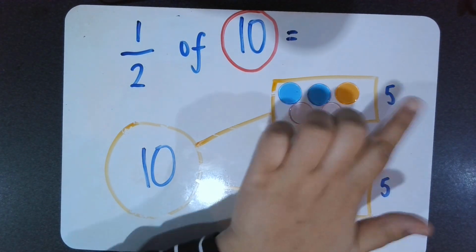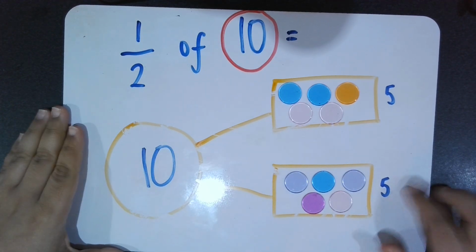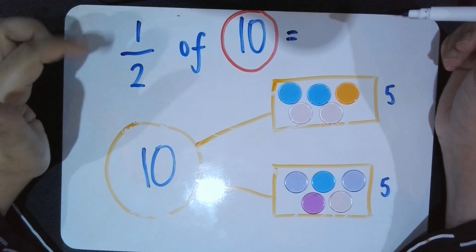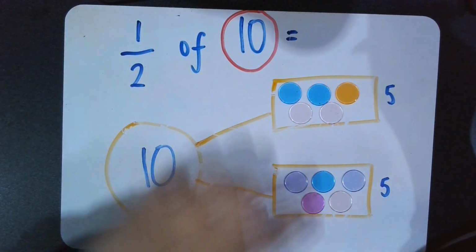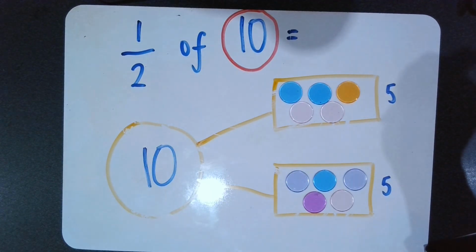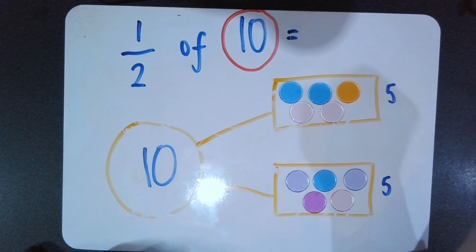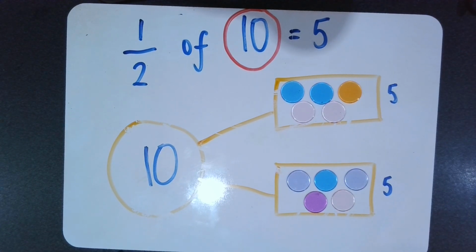But because we've got the same number in each group, we can move on to the last step, and that's putting this into our problem. I was asked to find half of 10, and I know that in each group I've got 5. Now, I know that half of 10 is 5 because I've got 5 in each group.